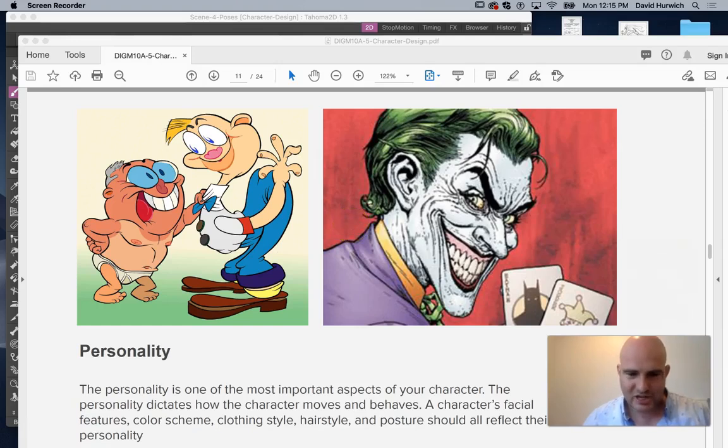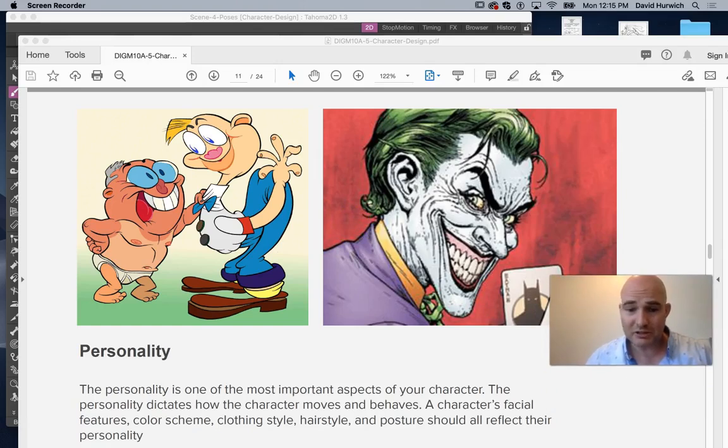Personality is an important aspect of your character. Think about Peter Griffin or Homer Simpson. Part of it is the way that they're drawn. Part of it is also things like sound and voice acting, which we'll get to later in the semester. But also part of it is what makes the character interesting? What makes it captivate people?